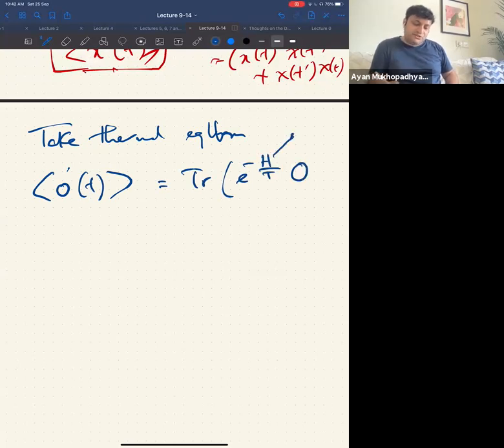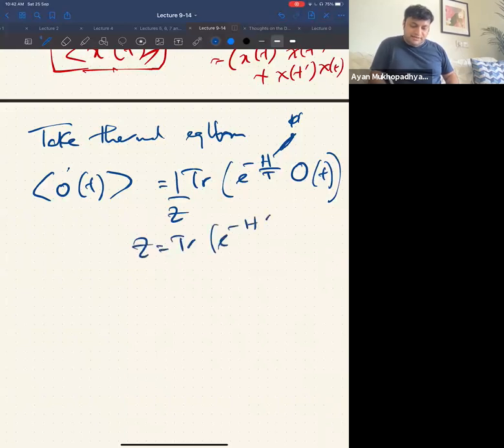Here H is the full Hamiltonian, not simply the H naught, so it doesn't conserve particle number and so on. Here Z is equal to the trace of e to the power minus H by T. So the question that I want to ask is: is the average of O of t time dependent?